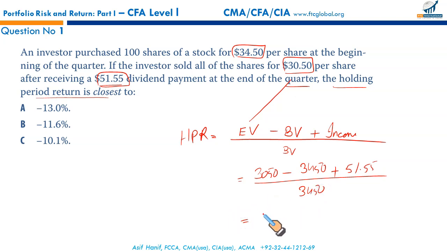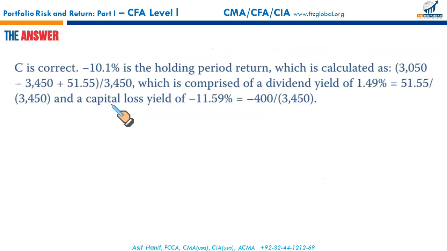Now, if you simplify this, this would give you negative 11.59%, and that makes B the correct option.